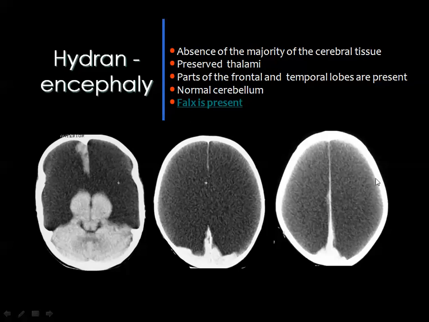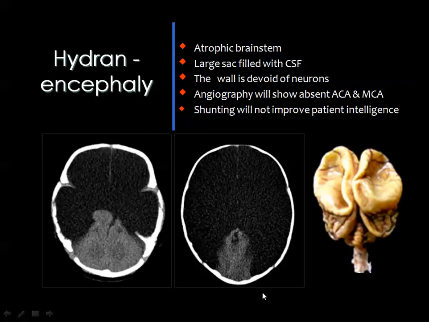Then you see a huge cavity which is filled with CSF, and the falx cerebri is present. And this is one of the ways to discriminate between lobar holoprosencephaly and hydranencephaly.